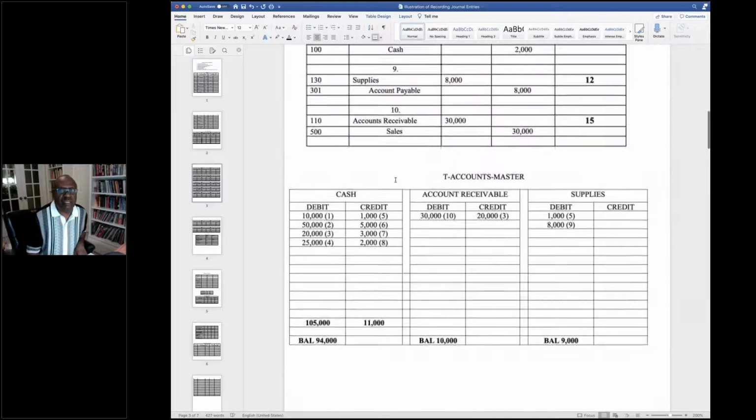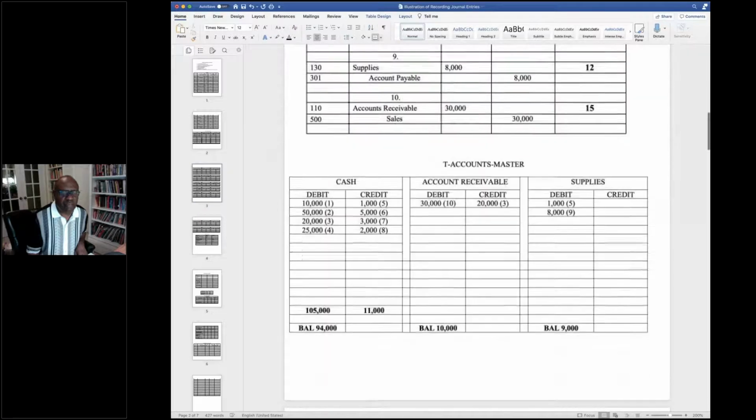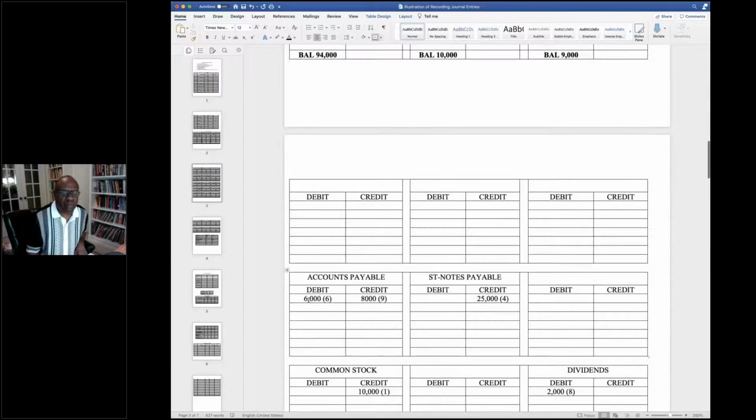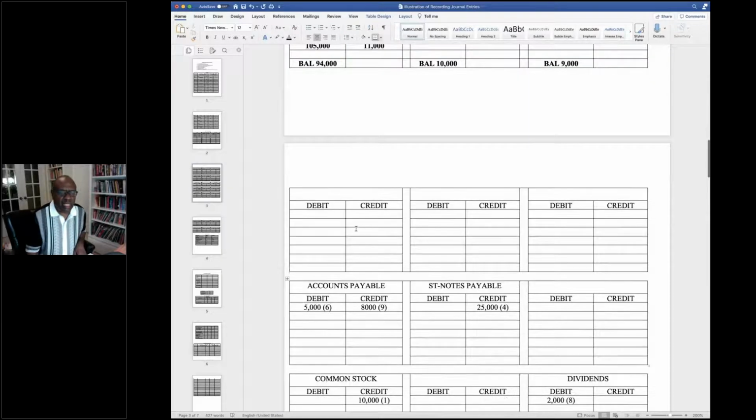And then transaction 6 was 5,000. And so the difference here on accounts payable is going to be 5 less 8, or $3,000. So our balance is going to be on the credit side, $3,000.